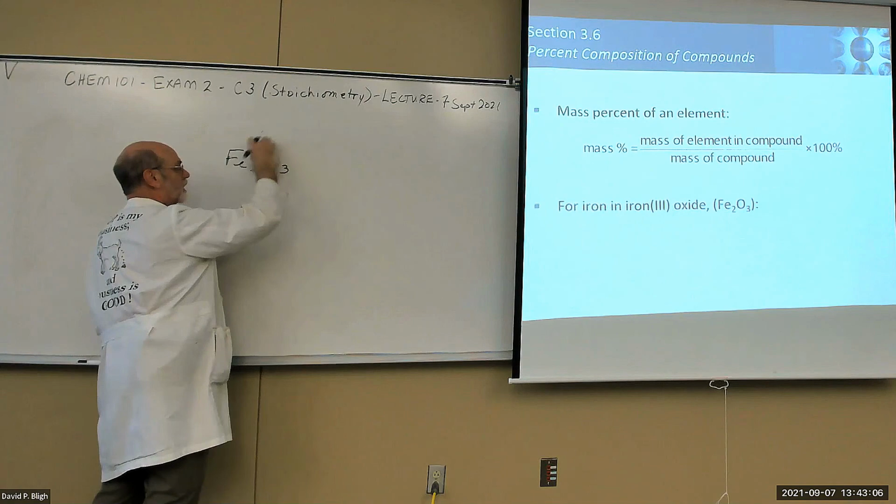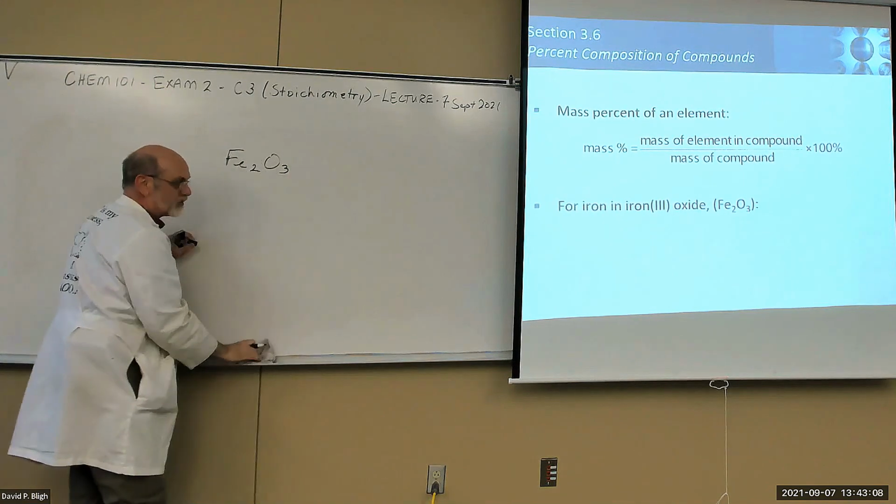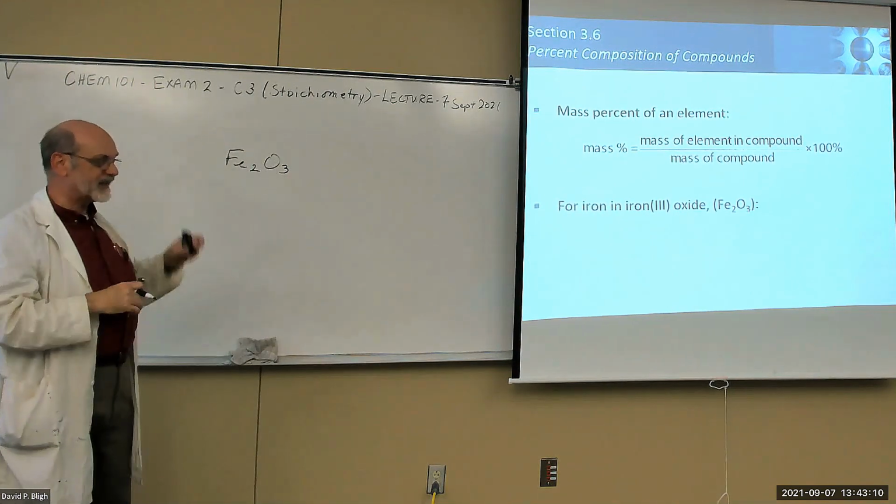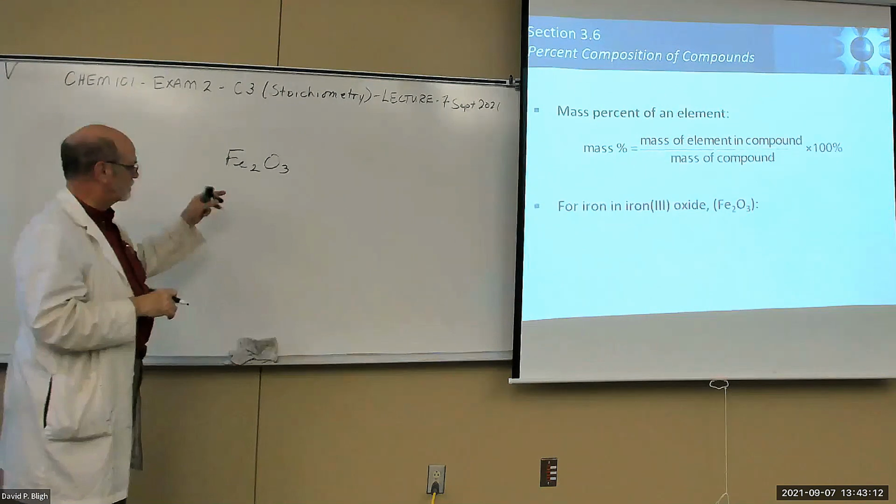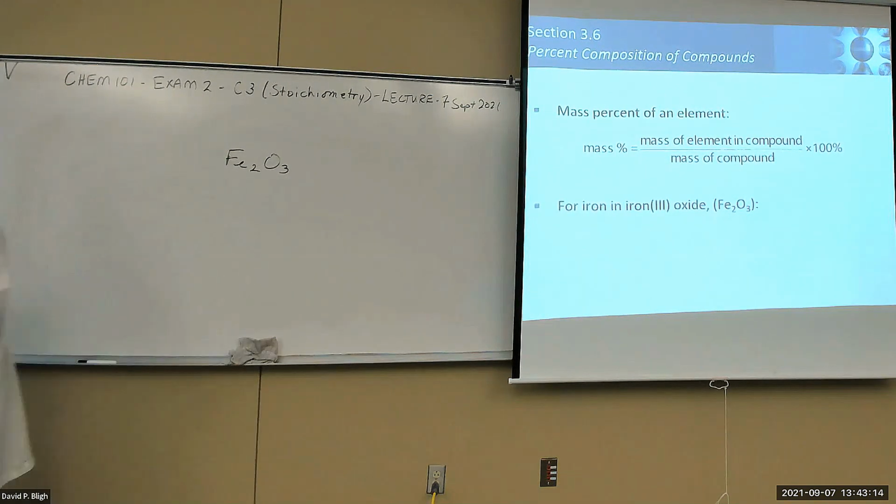Now that we know the formula, we can use it to calculate what's the percent iron in that compound. What we need to know is the total, plus what's the iron. How much iron is in that set? So what we would need was the molar mass of the compound. Right?